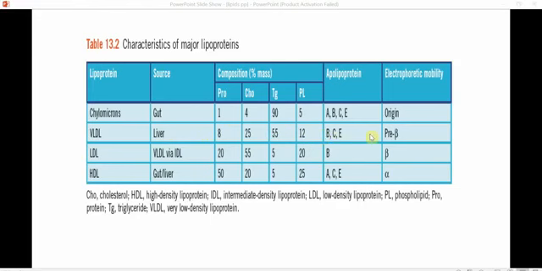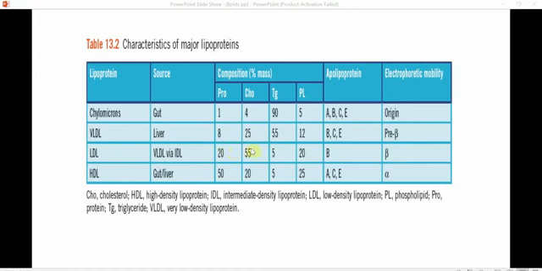This can move in an electrophoresis field to form a band known as the pre-beta band.